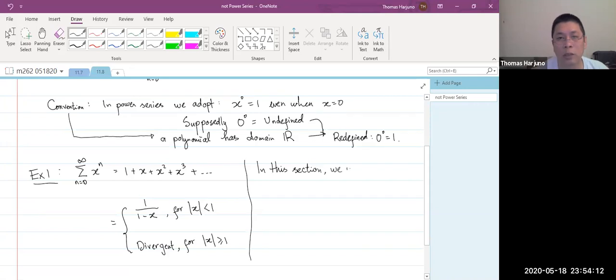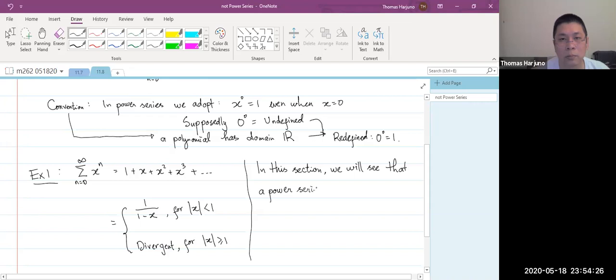We will see that a power series may be convergent only when x equals 0.